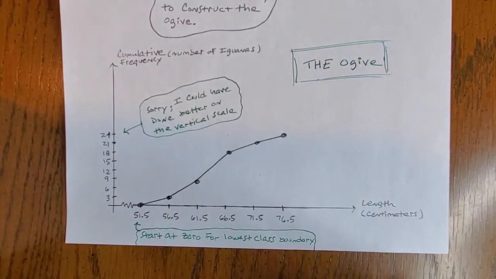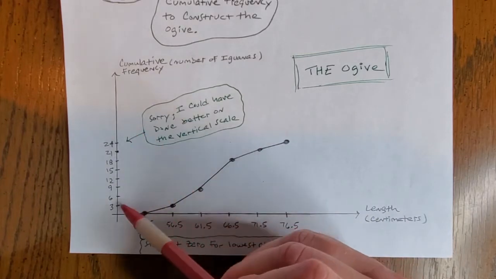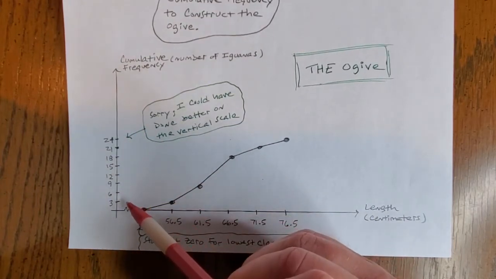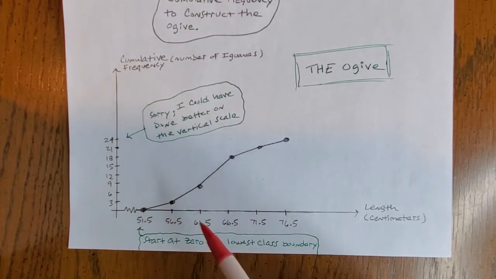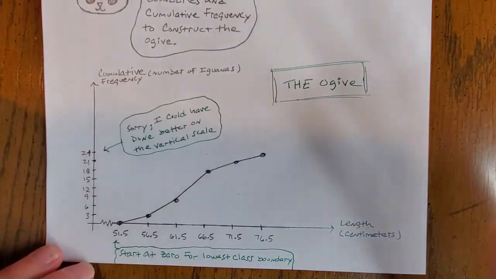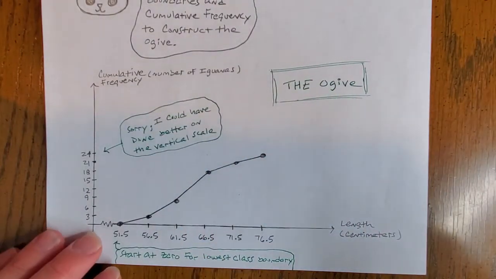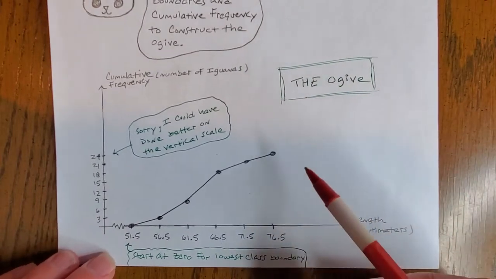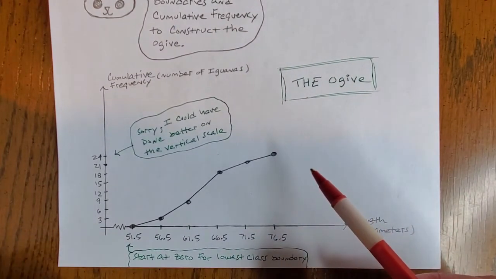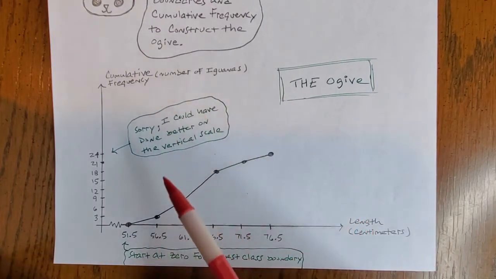All right, now, real quick, oh, sorry, when I made this, I just did not do a very good job making the vertical scale, okay? But I'm drawing these by hand because I think it's a good way to do it in the video. And I take my time and I try to make them neat for you. But truth is, if you have a Texas Instruments graphing calculator, it will make many of these statistical graphs for you.